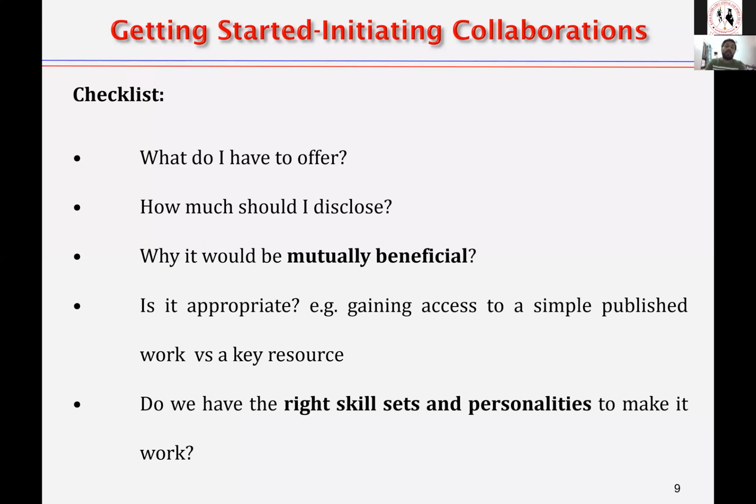However, I often come across many young researchers from small colleges or universities who would like to collaborate with international-level, experienced researchers, assuming that just by their name, their publication or grant will be successful. However, this will not last long for various reasons. The experienced researcher will not have time. They are already involved with so many things, and that is not in line with the ethics of collaboration.